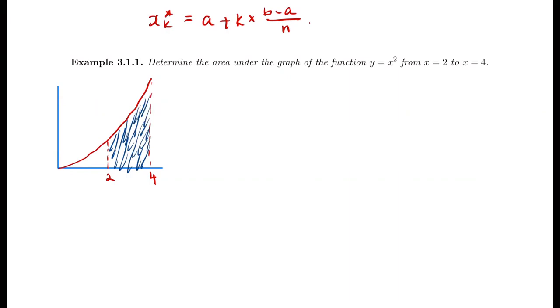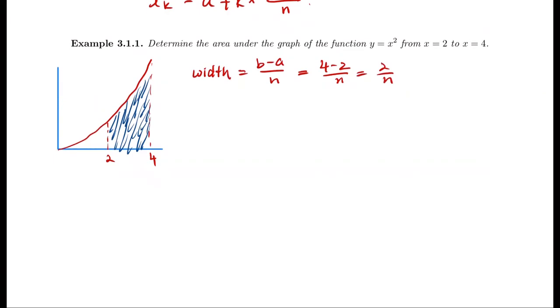All right. So if we calculate the width first, the width here is actually just going to be equal to b minus a divided by n, which is 4 minus 2 divided by n. So each of the width here is going to be 2 divided by n.